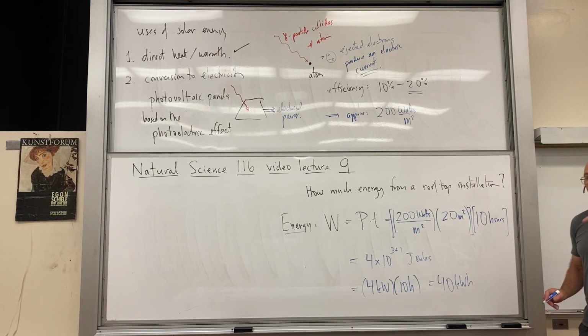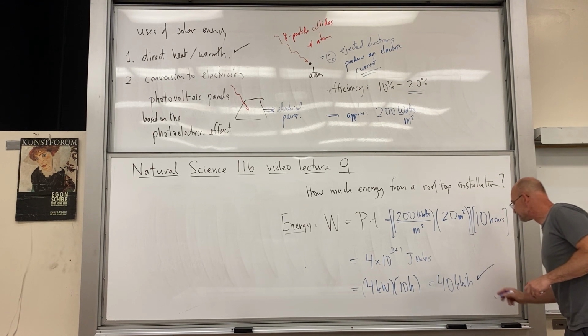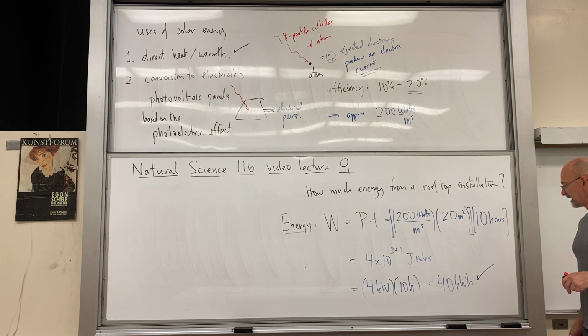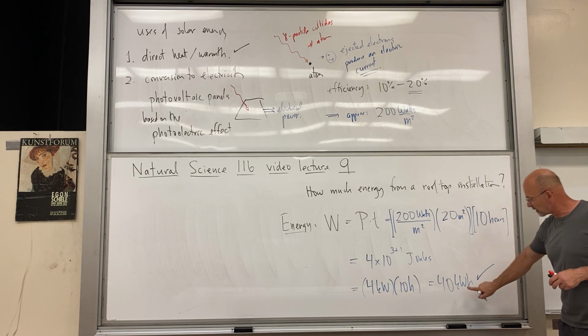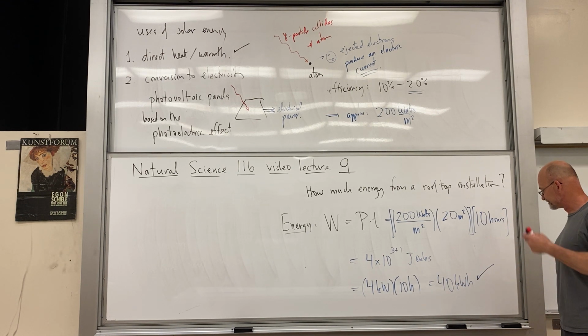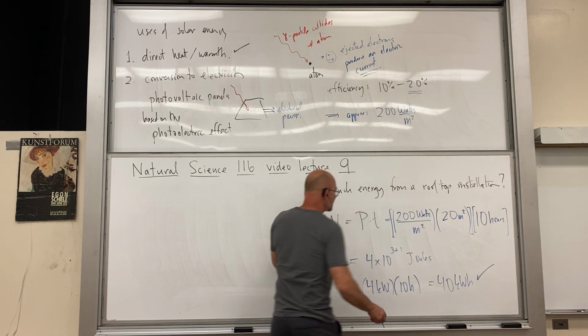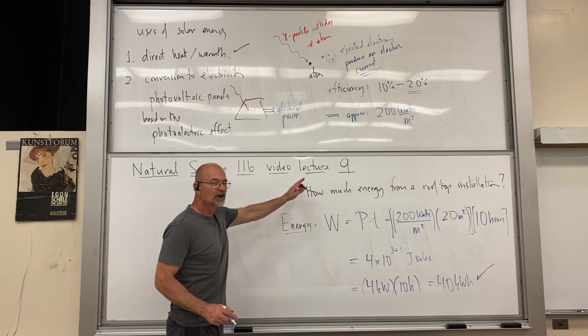Okay, so we don't have to go through the joules, we can go straight to the kilowatt hours. And then we know what we have. This is a nice way of getting an idea what a solar installation can give you just in terms of what you're paying for, the energy you're paying for in terms of kilowatt hours. Okay, so I consider this to be a pretty important calculation, so have a good look at this.